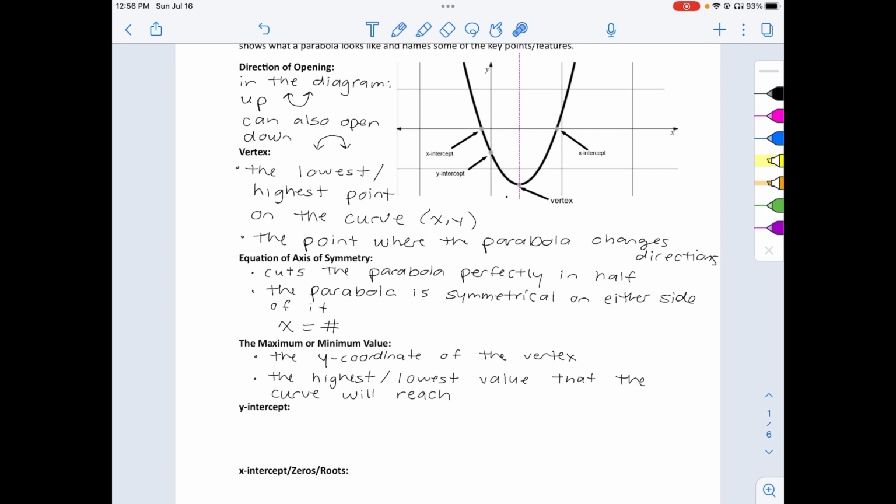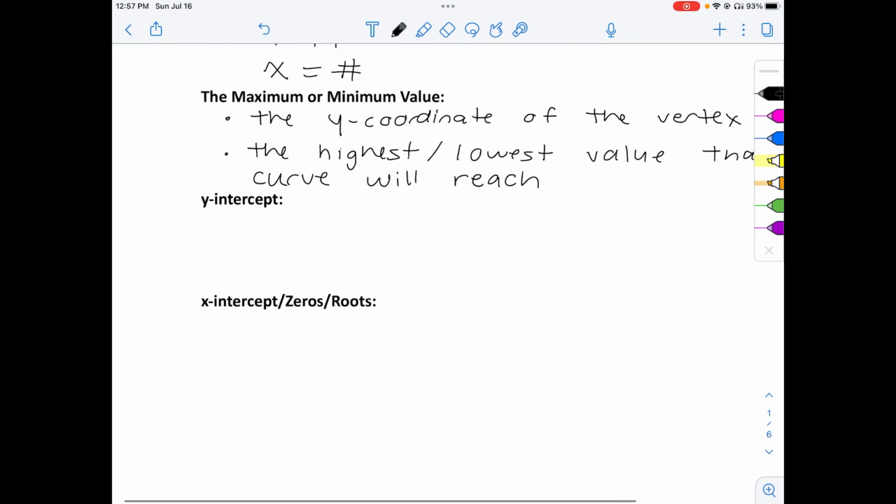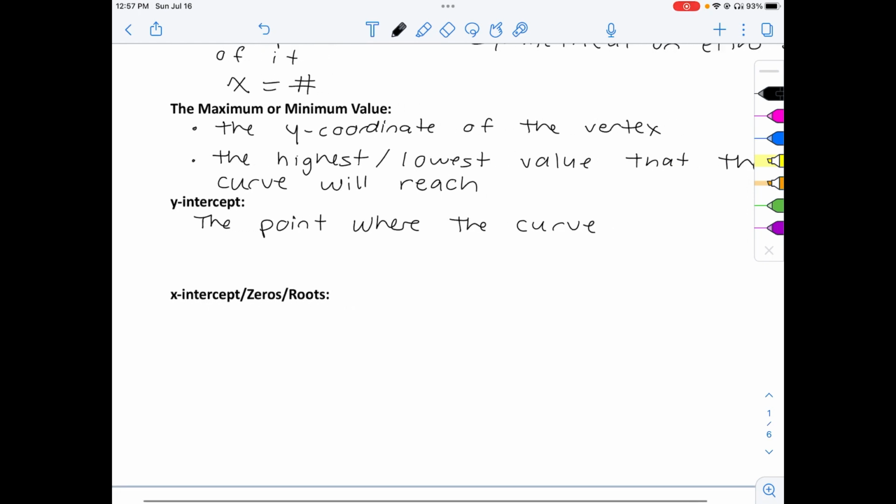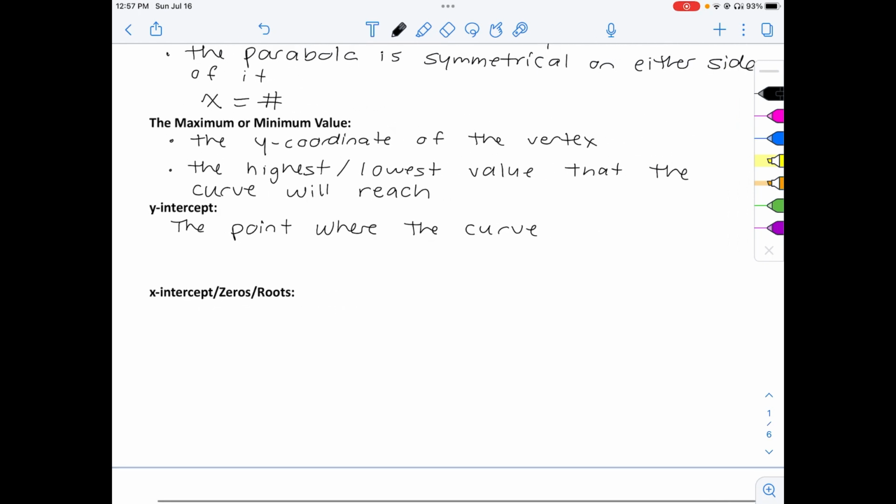Now the y-intercept, again, you are familiar with this from working with linear relations. On this specific diagram, this is where the y-intercept is, and this is the point where the curve crosses the y-axis. We know with linear relations there was always one y-intercept.